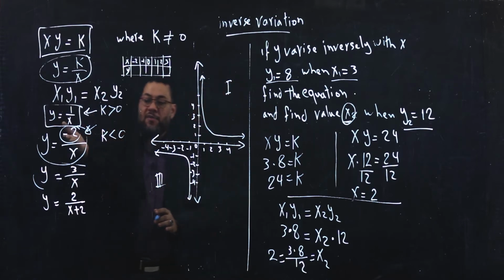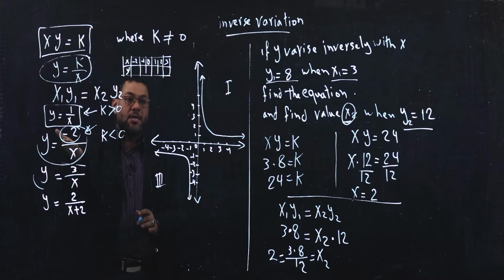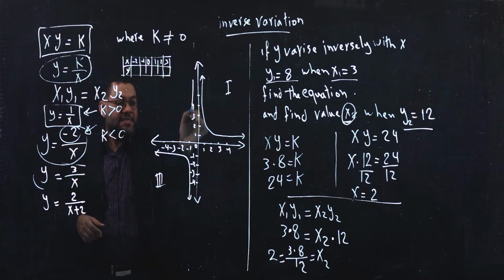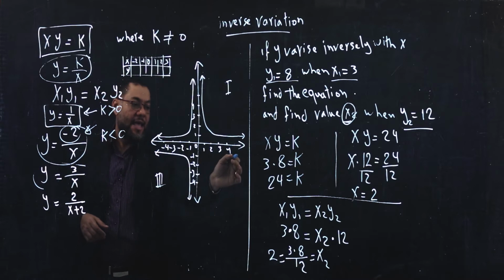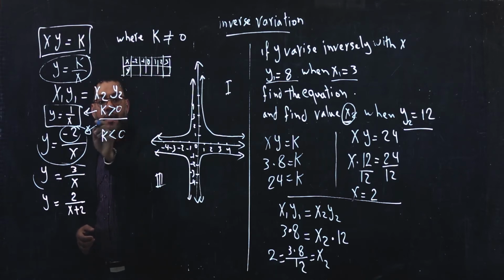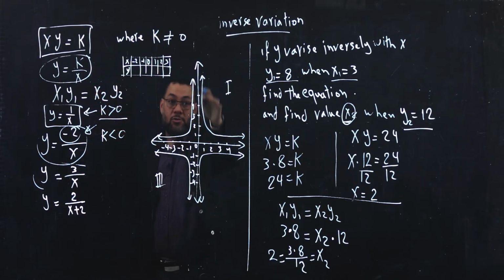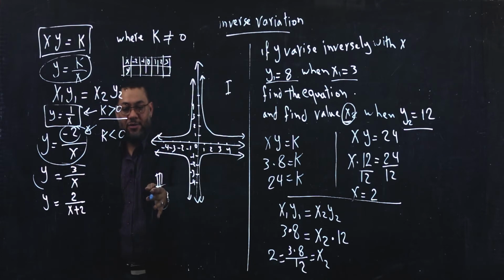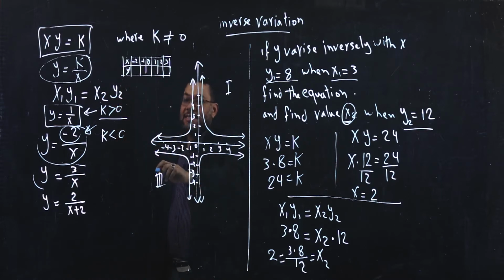What about if it's a negative number like here? It will be drawn in the second quadrant and the fourth quadrant, like this. So if k is greater than 0, it will be drawn in the first and third quadrants. If it's -2, smaller than 0, it will be drawn in the second and fourth quadrants.